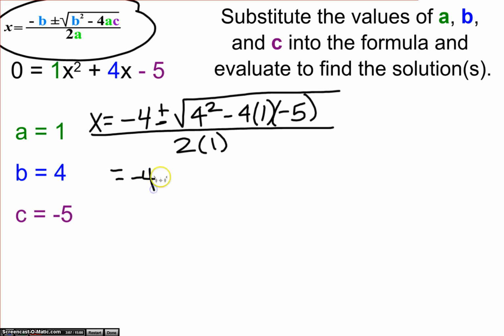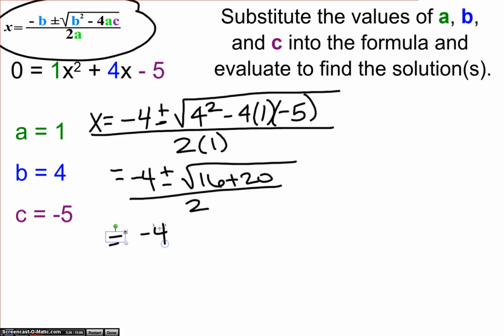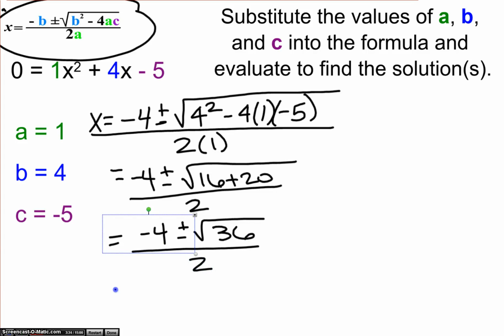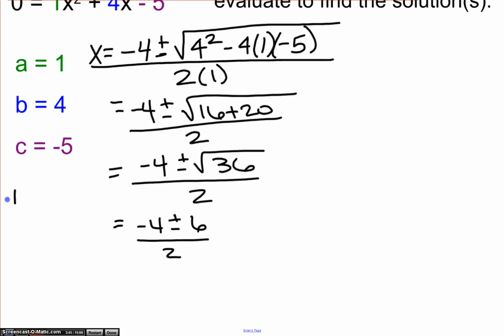So, negative 4. Now we are simplifying our equation. 4 squared is 16 minus 4 times 1 is 4. I'm sorry, negative 4 times 1 is negative 4, times negative 5 would be a positive 20, all over 2 times 1 is 2. Negative 4 plus or minus the square root of 36 over 2. So negative 4 plus or minus 6 over 2. Now here's where we need to talk about the plus or minus.